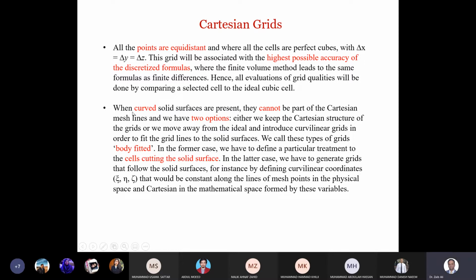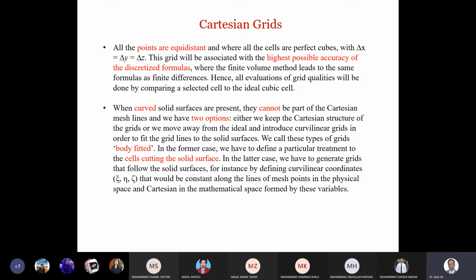Okay, so here comes the next point. When curved solid surfaces are present, they cannot be part of the Cartesian mesh lines. So there we need to adapt. And there generally we have two options. Either we keep the Cartesian structure, and when we come close to the solid boundary, like a wall or something like that, which is a curved shape, then we have to apply special treatment.